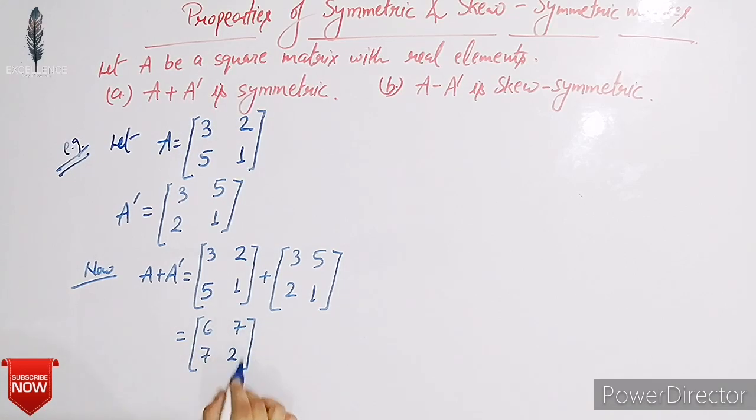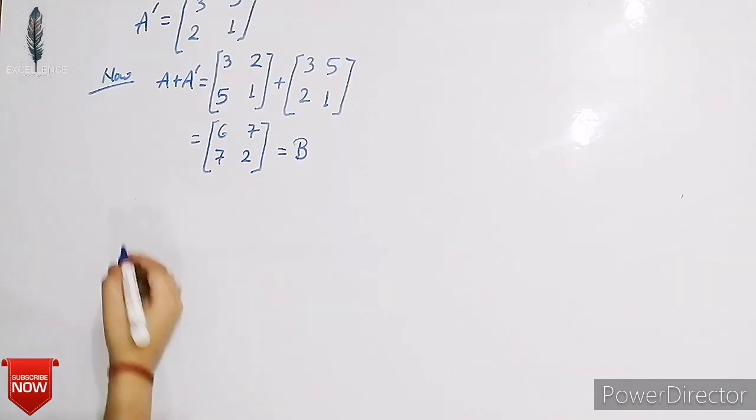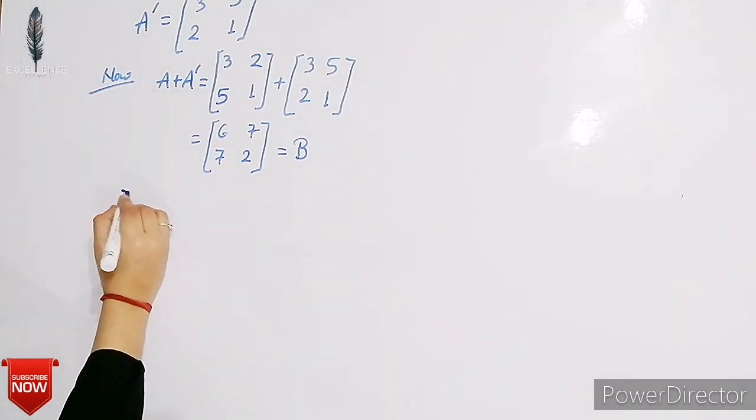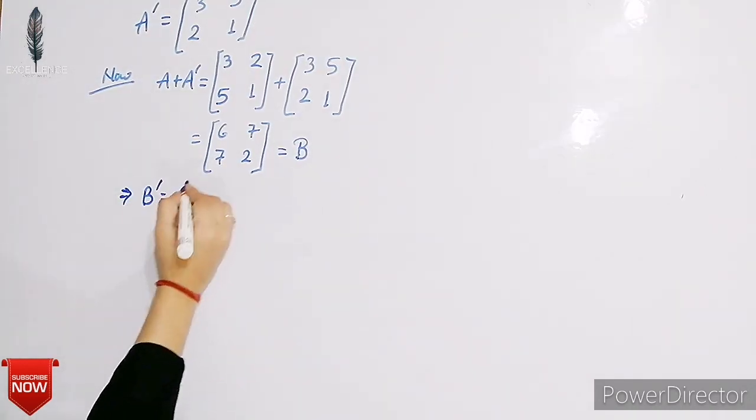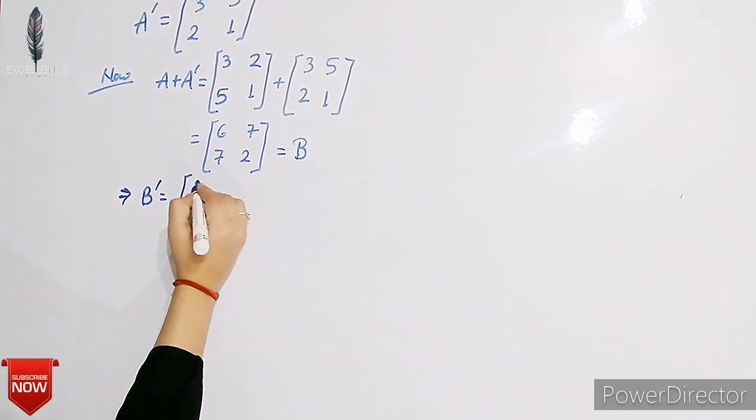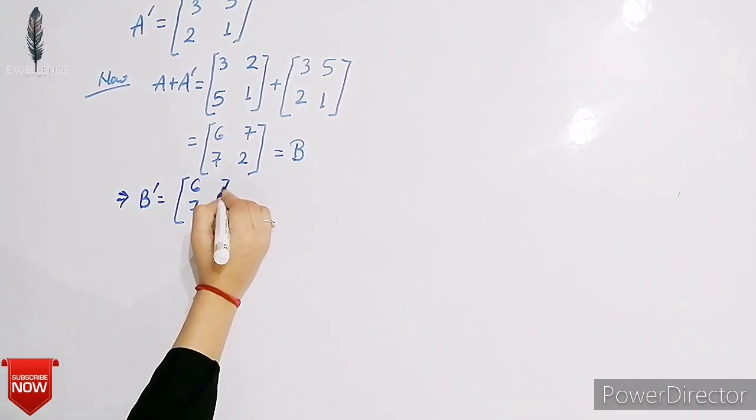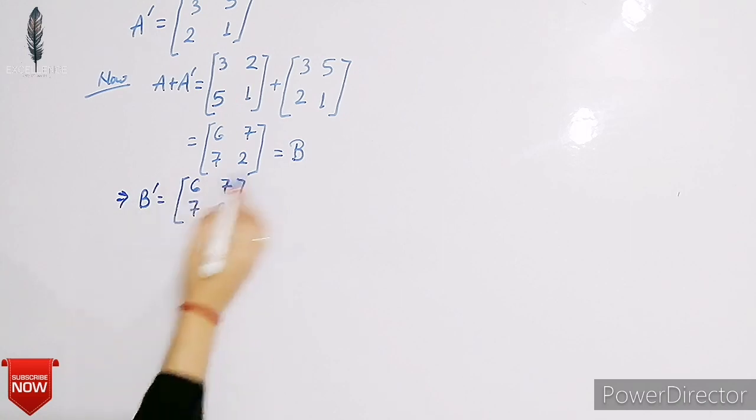Let A plus A dash be the matrix B. So now, transpose of B. For the symmetric condition, we need to know the transpose. Okay, so B dash is 6, 7, 7, 2.